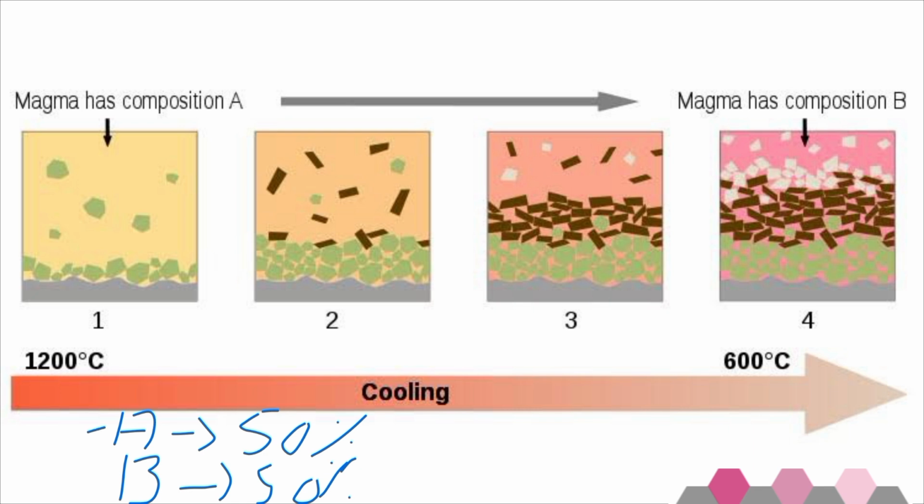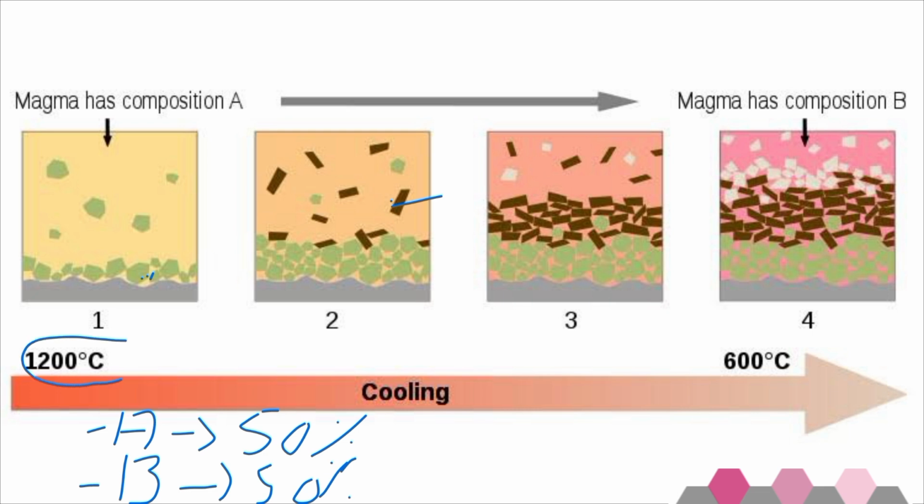A has a particular crystallizing temperature, a temperature where it starts crystallizing, and B also has a temperature. Maybe A has a higher temperature. For our instance, we could take 1200 degrees Celsius.